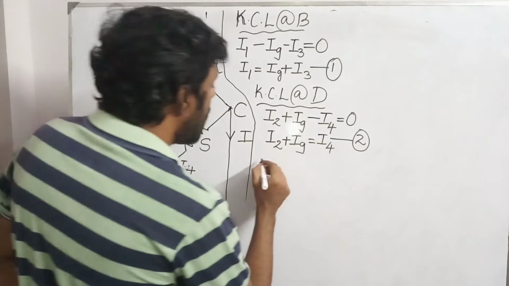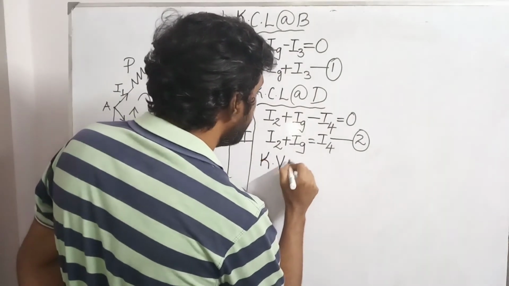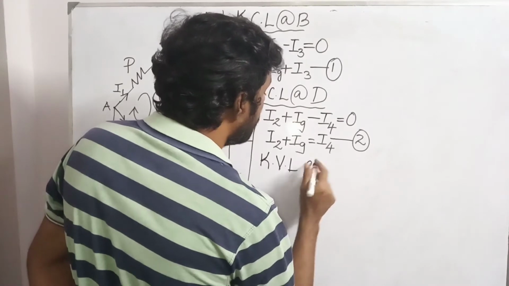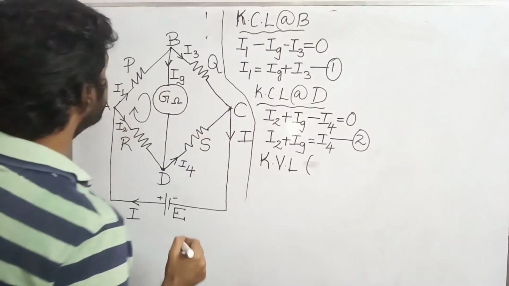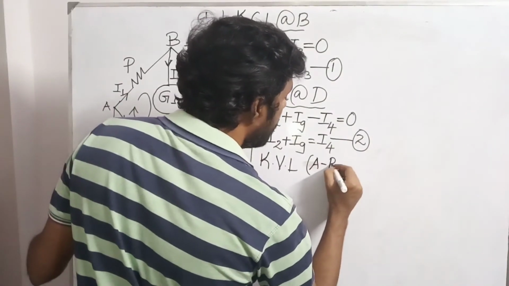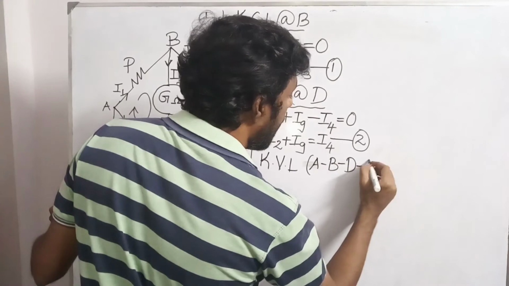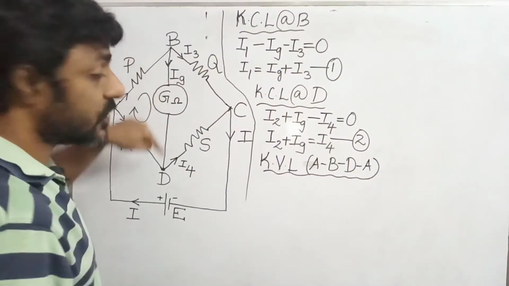So now applying KVL, the loop is A, B, D and A, right? So I am applying Kirchhoff's voltage law.